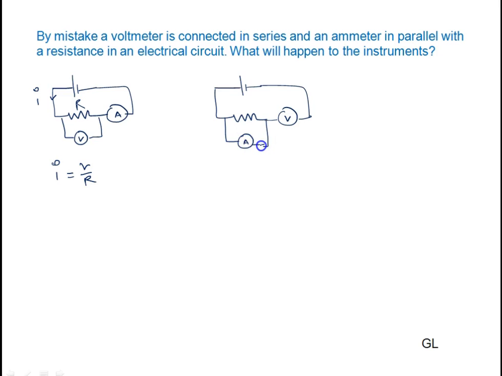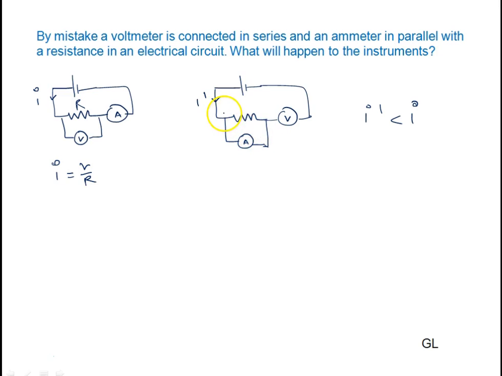This is a question. Now you have to tell me what will happen to these instruments, whether they will be damaged or not. Listen, firstly, earlier the current is I, now I say the current is I dash, and we can easily see that I dash is less than I. Why is I dash less than I? Because now there is a huge resistance in series, so the current will decrease.